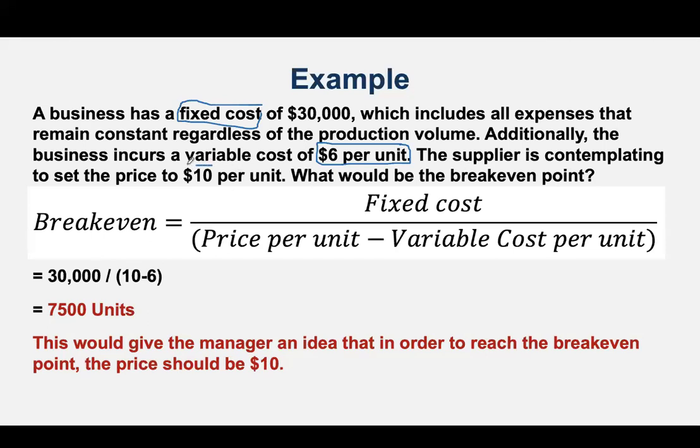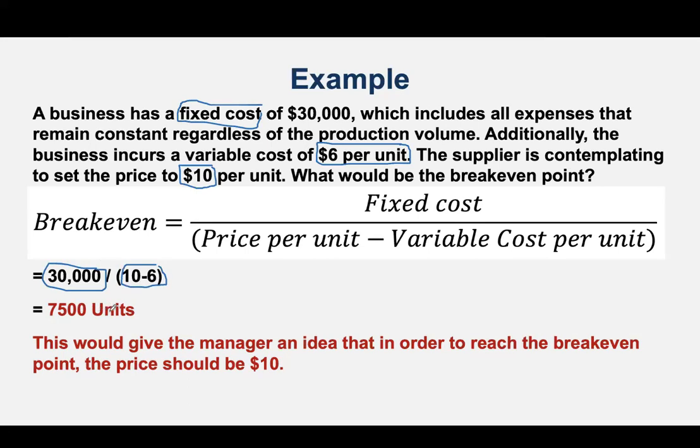If we enter all these values in this formula, fixed cost that is 30,000, price is $10 and variable cost is $6, so 30,000 divided by 10 minus 6, which is 4, equals 7,500 units.